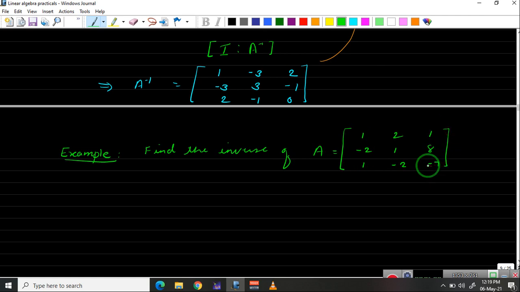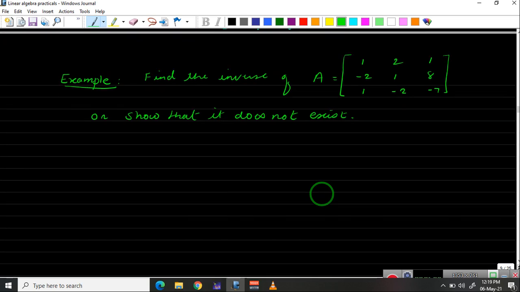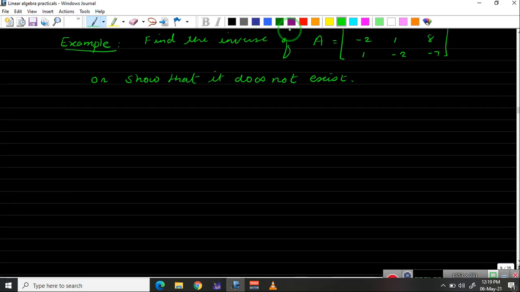Let us take this matrix. And if the inverse does not exist, we will change the question or show that it does not exist. Okay, so let's move to the solution.